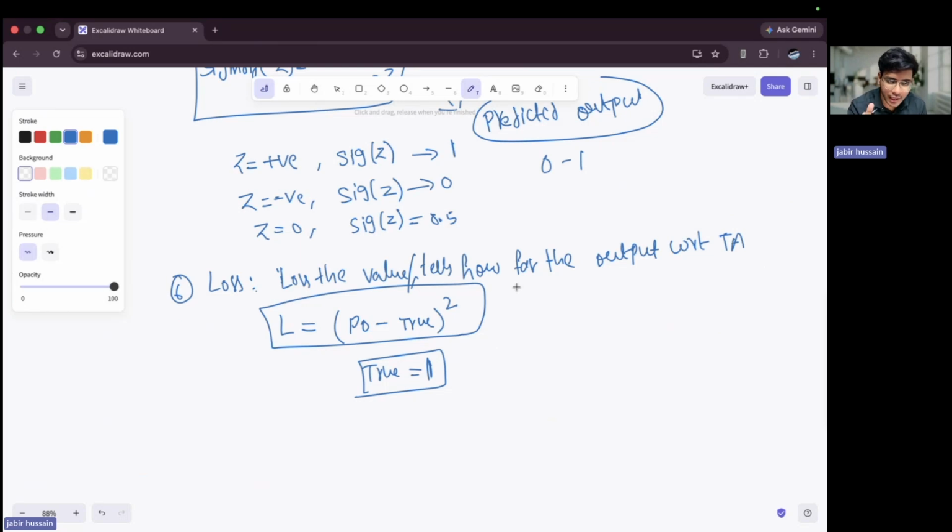The higher the value of loss, the further away you are from the true answer. Okay, in one sentence, if I have to summarize: a neuron takes a stream of inputs, multiplies them with their corresponding weights, and adds them together.